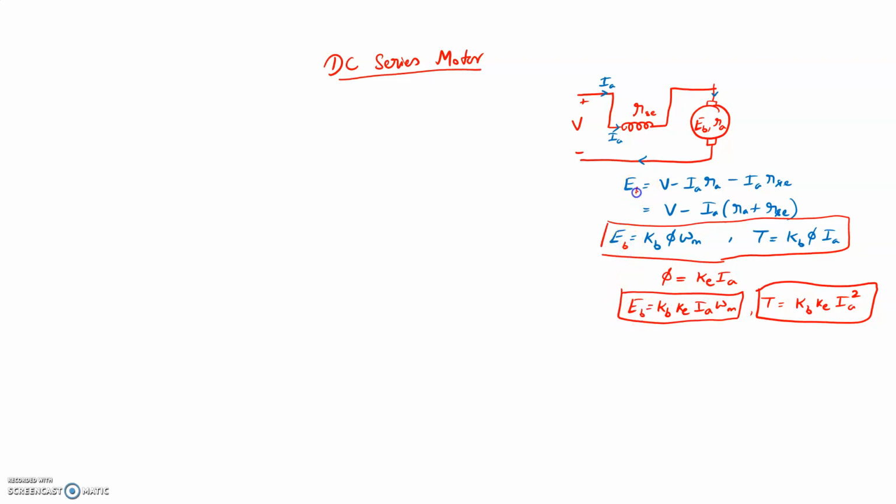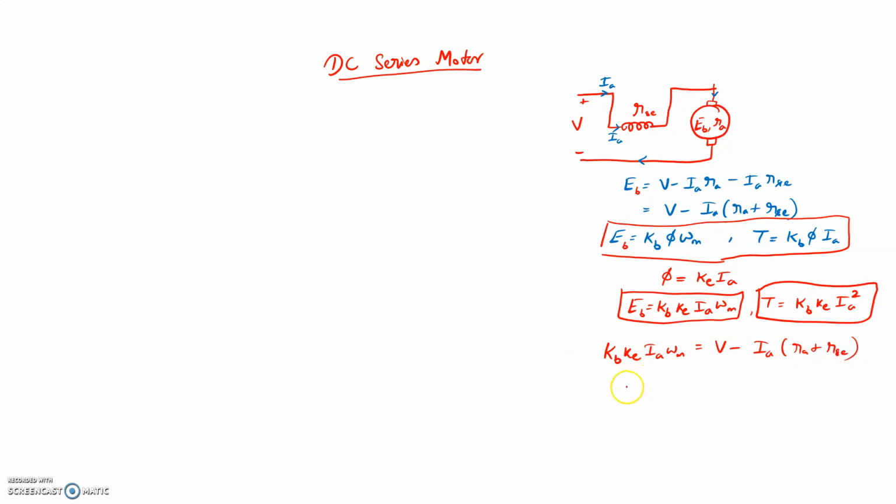So we can write the back EMF as EB. After getting this expression of EB and T, we will substitute this value of EB in this equation and see how the equation looks. So KB KE IA omega m is equal to V minus IA (RA plus RSC).